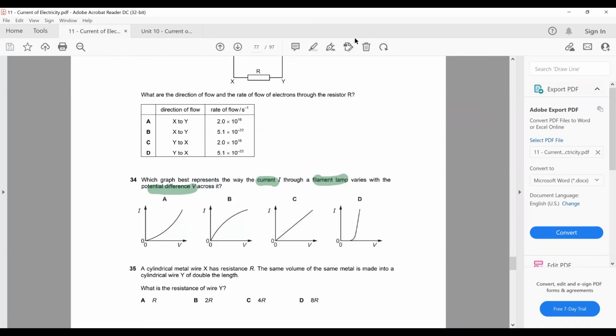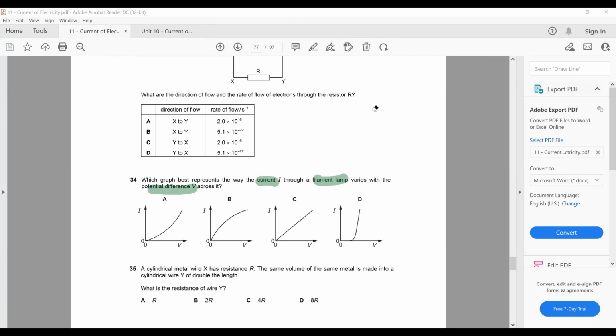Rather than giving you an I versus V, they may just give you V versus I instead. So then the graph shape will change completely. It's actually flipped. So I won't suggest memorizing the graph shape. I will suggest looking more towards deducing from the graph whether resistance is changing to be larger or smaller.